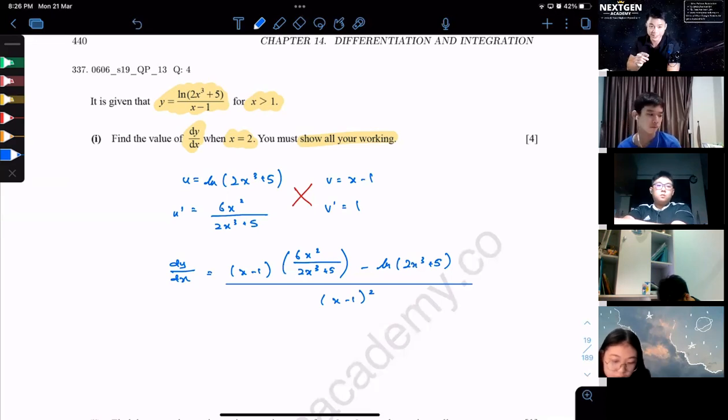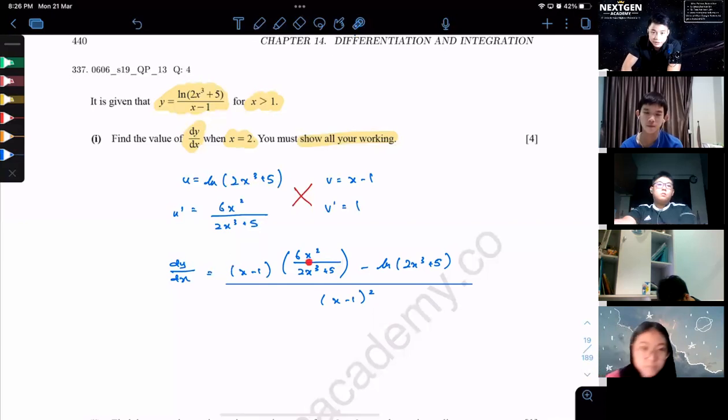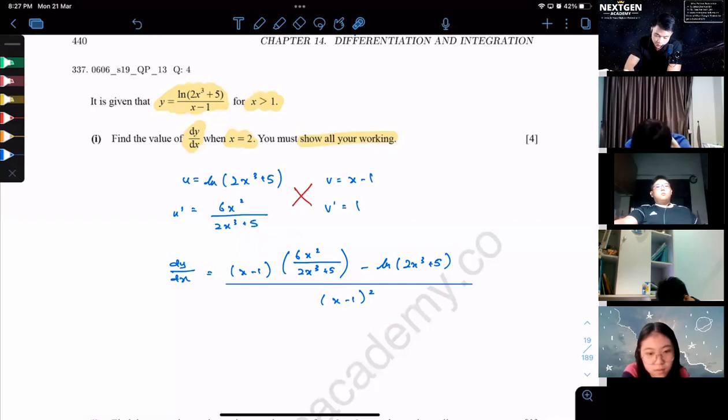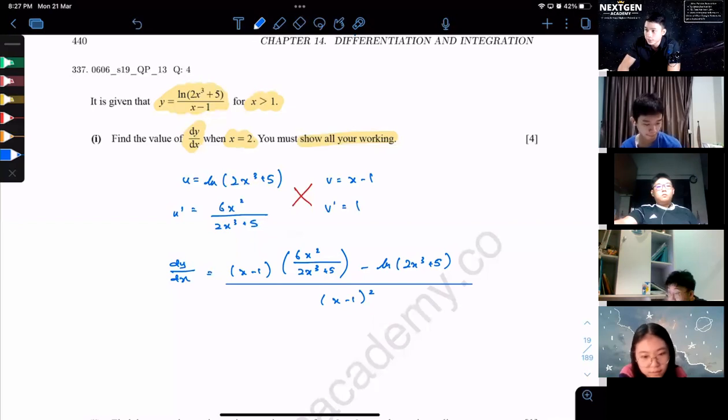But be careful, okay? I would advise typing this part here first, then separate it, then minus, then type this part here. If you type the entire thing into the calculator, you don't know whether you're typing it correctly or not. So slowly, one at a time. Once you get until here, you actually get 3 marks already.